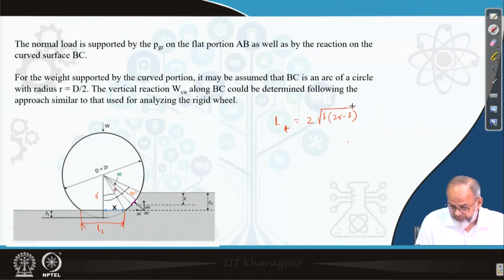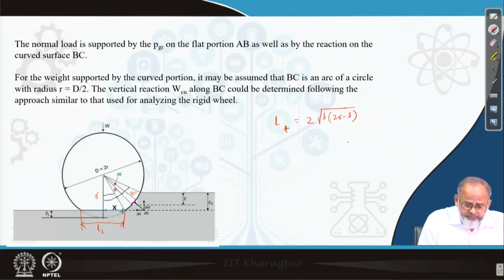Okay. So, you have to take either B or LT depending on which one is lesser. So, if LT is lesser, then you have to take the value of LT instead of B in Z0 as well as while calculating the rolling resistance.